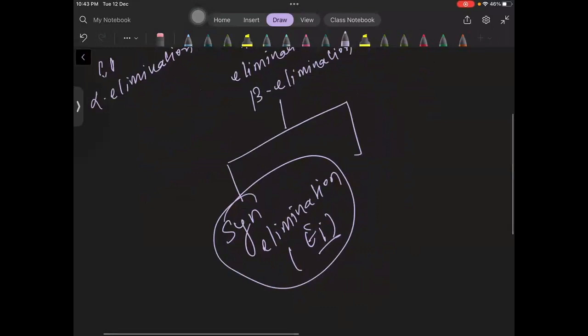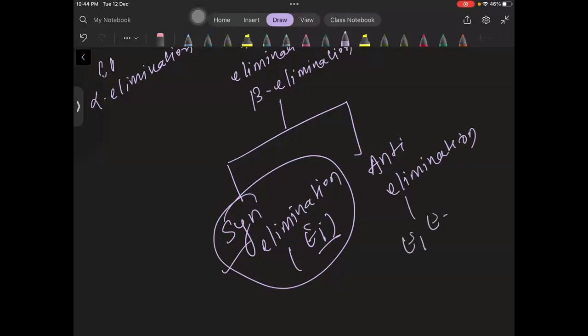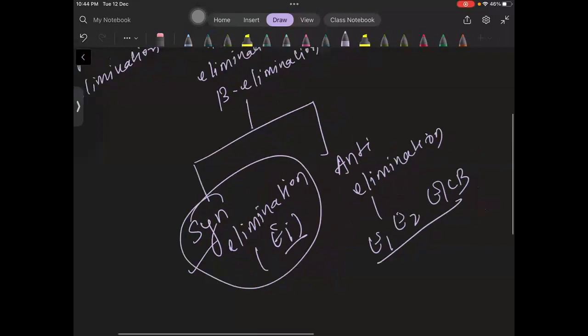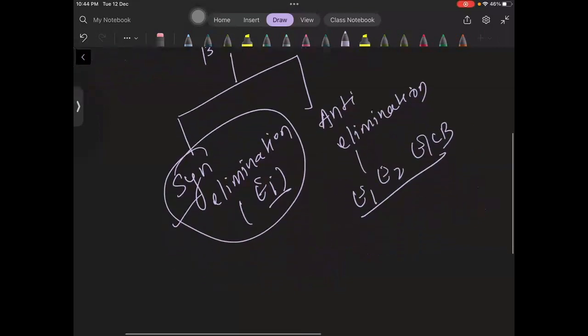Now one is syn elimination, the second is anti-elimination. Anti-elimination includes E1, E2, and E1CB. Students, in the majority of reactions, Saytzeff is favored, meaning Saytzeff is the major product, whether you talk about E1 or E2.